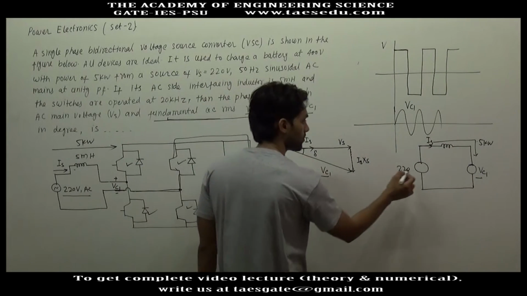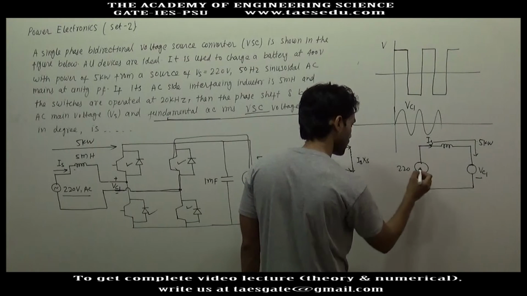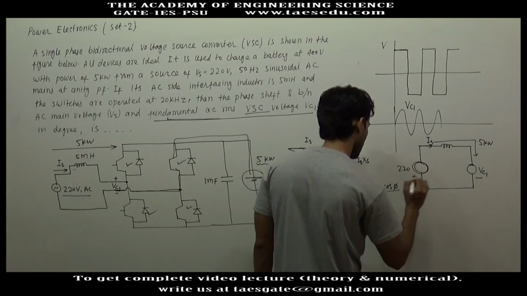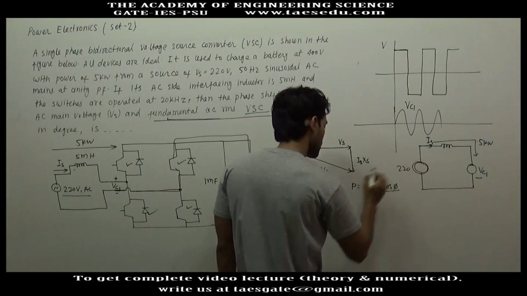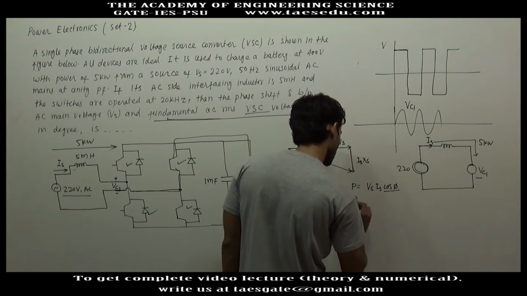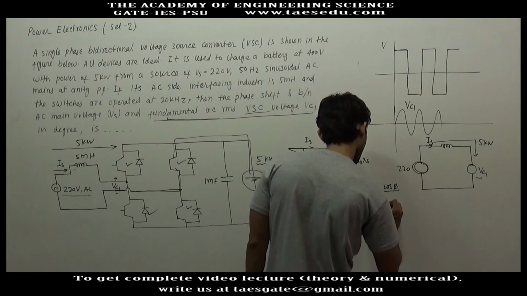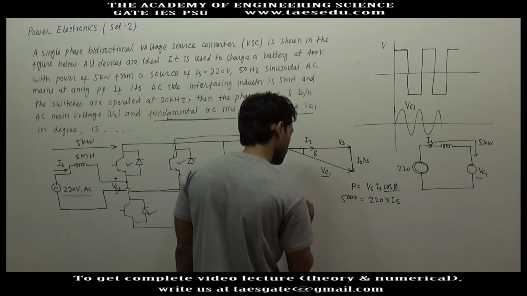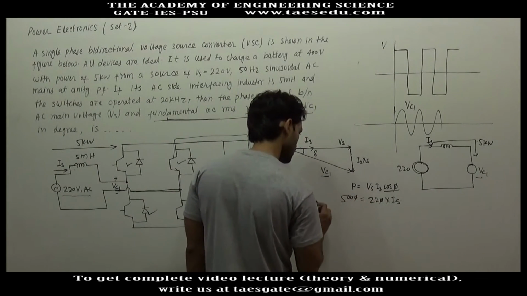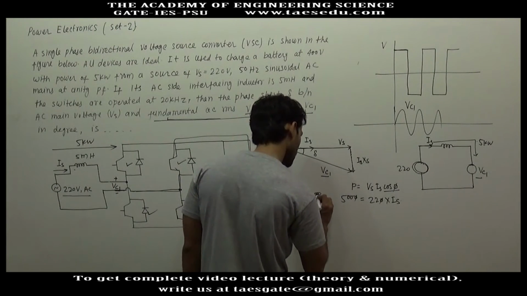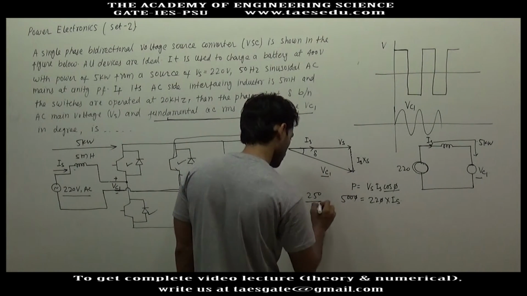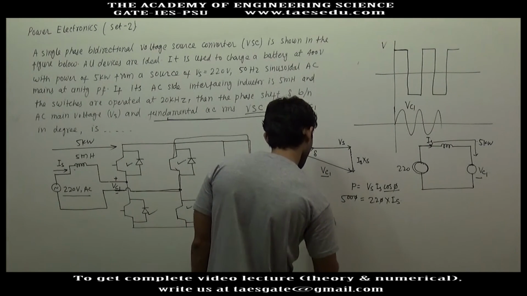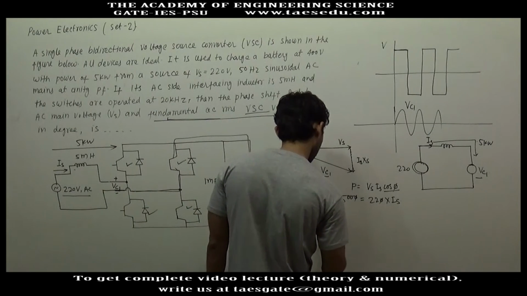The real power given by this source is Vs Is cos phi, and cos phi is 1, and total power given is 5 kilowatt. So 5000 watt is equal to 220 volt into Is. So the source current will be 250 divided by 11, which is 22.73 ampere.